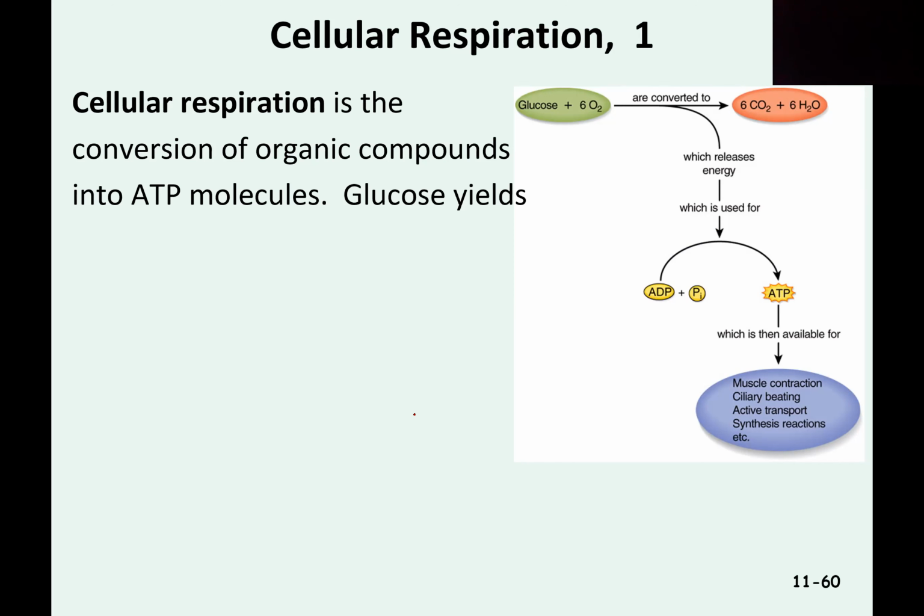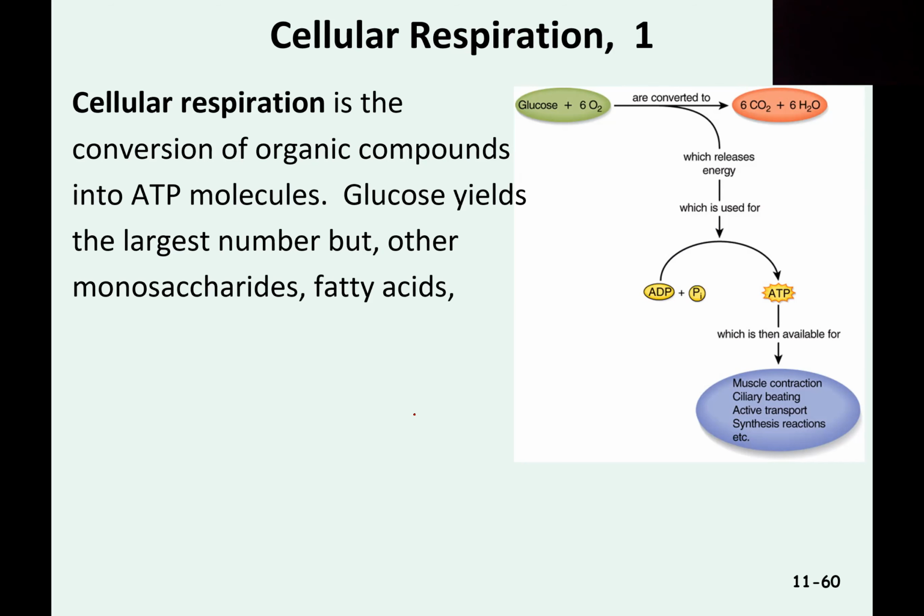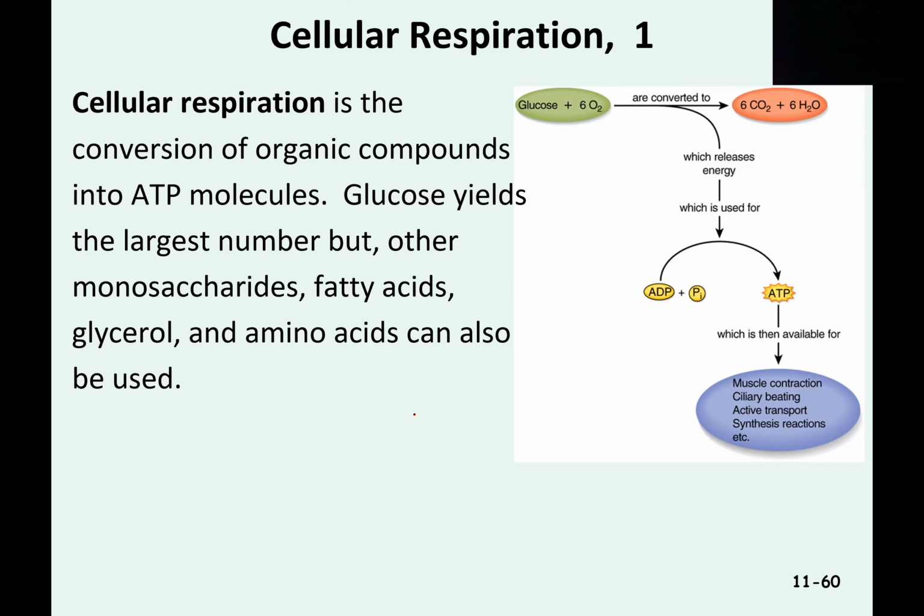You can use various different compounds. Glucose gets you the most ATP. We can use other monosaccharides, fatty acids, glycerol, and amino acids. But again, you get fewer ATP molecules if you use them.